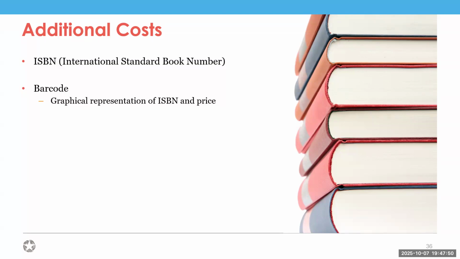That's their bread and butter. They want to sell your product. You need to give them a barcode that includes the price so they can scan it into their digital point of sale systems and be able to market and sell your book.